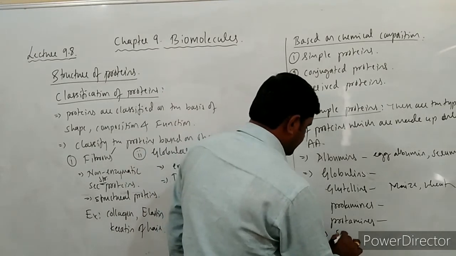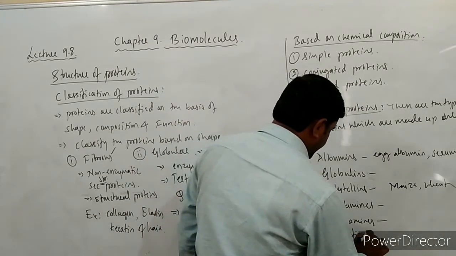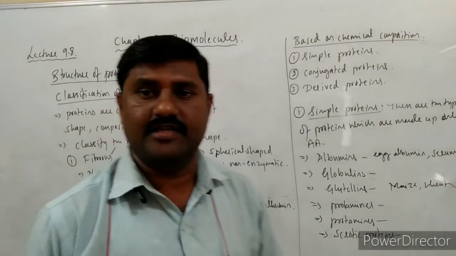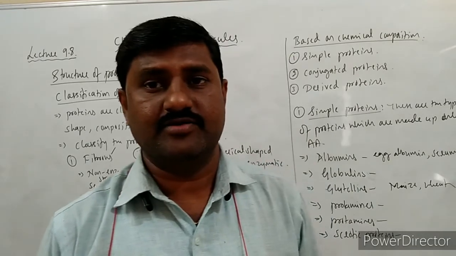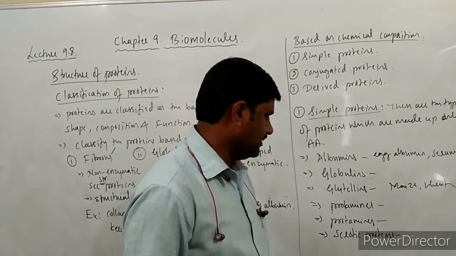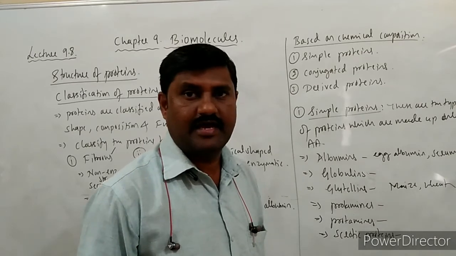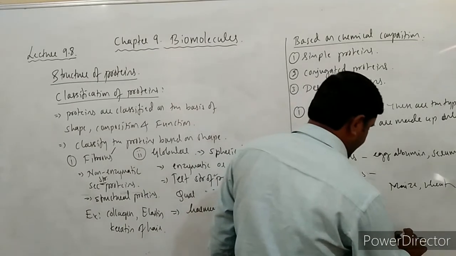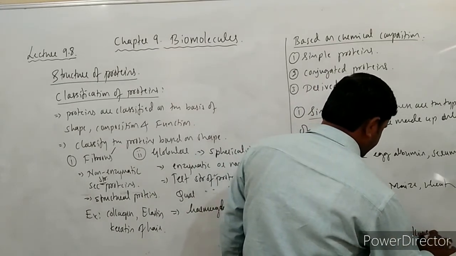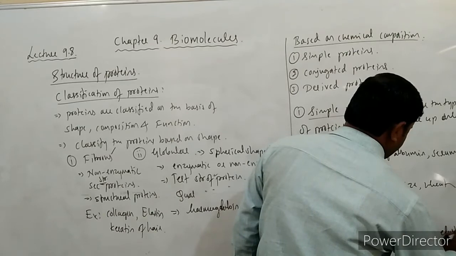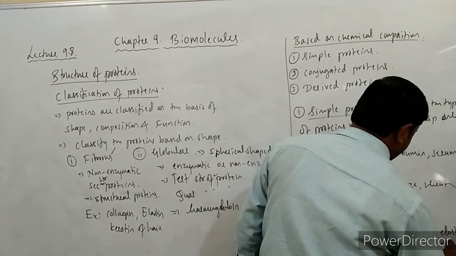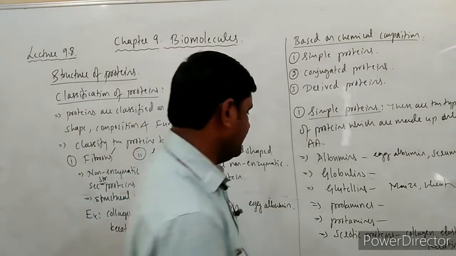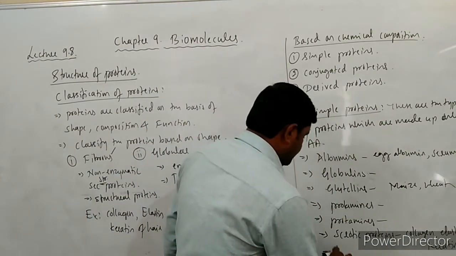Along with this one, scleroproteins I have already mentioned. Keratin is there, actin is there, myosin is there, collagen as well as yellow fiber elastin is there. Elastin as well as keratin are the best examples for these proteins, right?